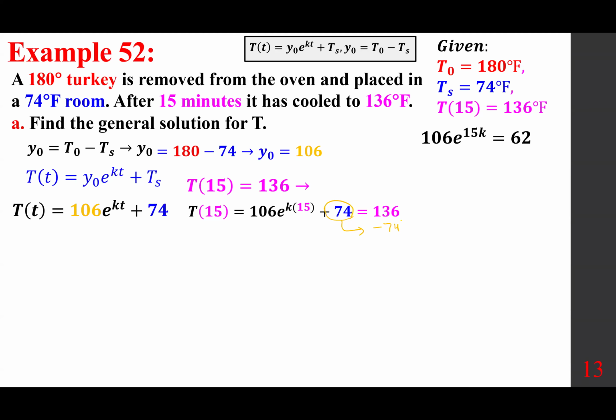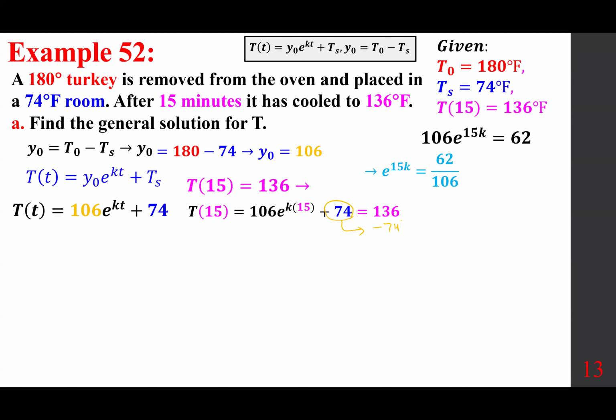Subtract 74 and we get 62 on the right side. Divide both sides by 106. In fact, I'm going to keep it as 62 over 106, although it will simplify to 31 over 53. I don't want to do that yet.